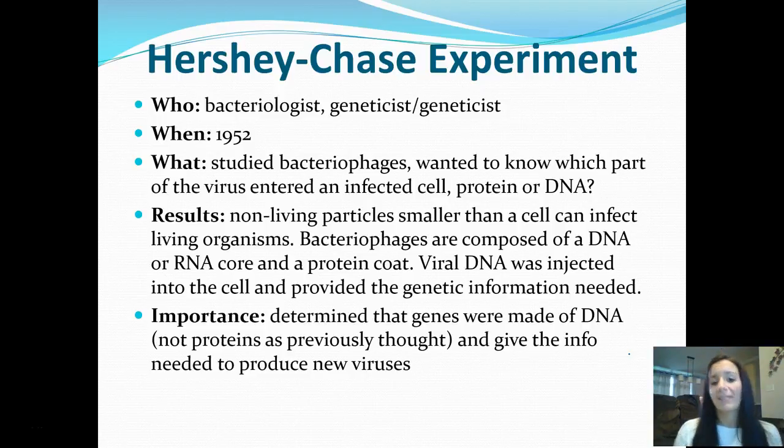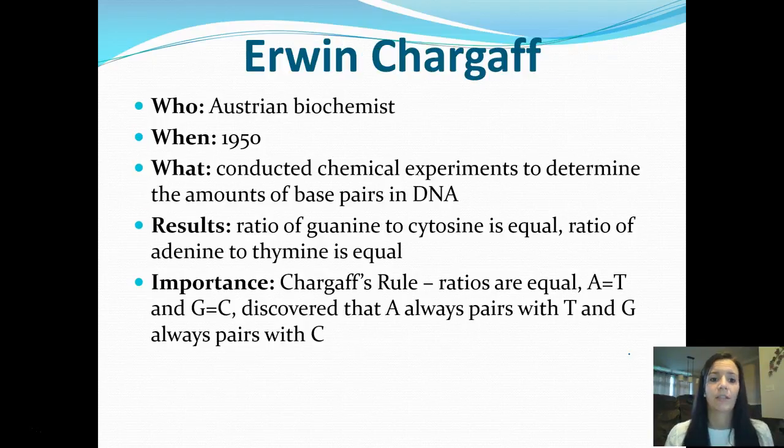They realized that non-living particles smaller than a cell can infect organisms, and that they have DNA or RNA, and that's what's injected into the bacteria that they are infecting. So it determined ultimately that genes were made of DNA, and they need this information to produce new viruses.